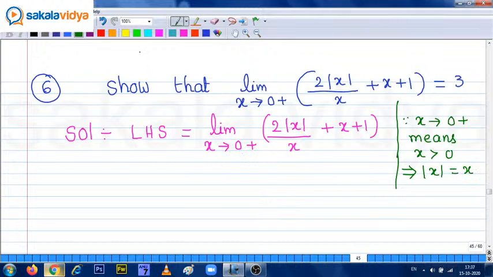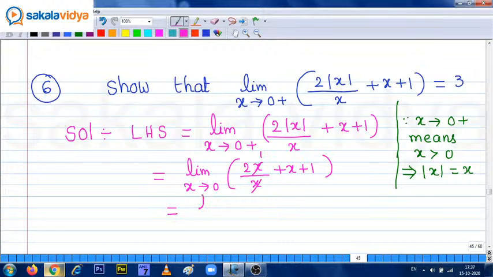So now we can write limit x tends to 0: instead of mod x, write x, so 2 times x upon x plus 1. x gets cancelled.